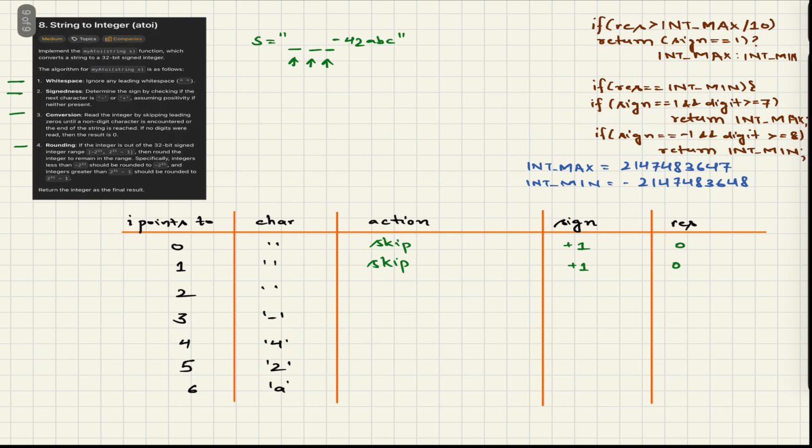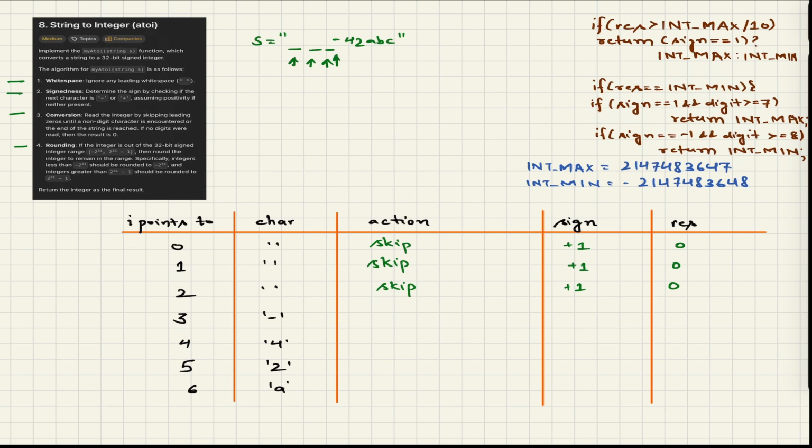Again it comes to the third one. Is it an empty space? Yes, it is. We are supposed to skip spaces. I'll skip it. My sign remains the same, my result is 0. Now, when I come to this, it's a minus sign.